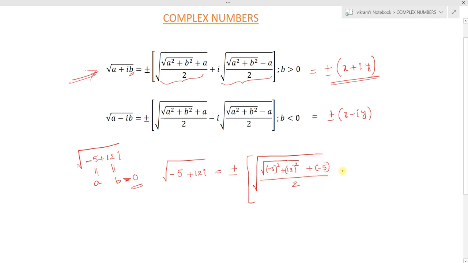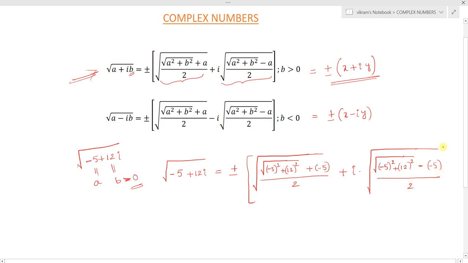plus iota times the square root of (square root of minus 5 whole square plus 12 square, and now minus a, that means minus of minus 5) by 2. Why? Because b is greater than 0, we are using the first formula.